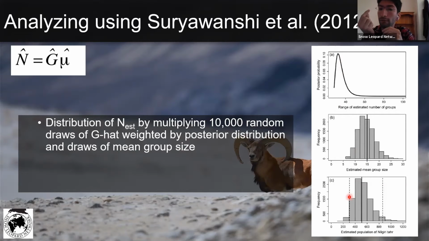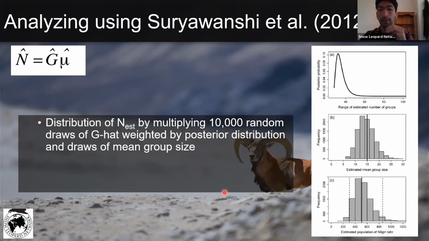So rather than getting one value, we get a frequency distribution of the estimated population of our species of interest. As you can see, for us, this distribution told us we can have around 200 individuals to maybe even 1,000 individuals. And that's obviously not that helpful.